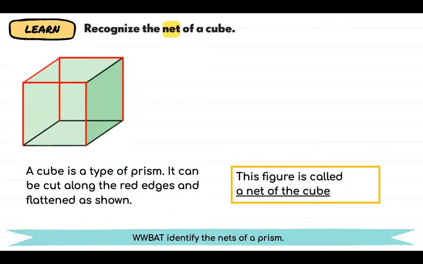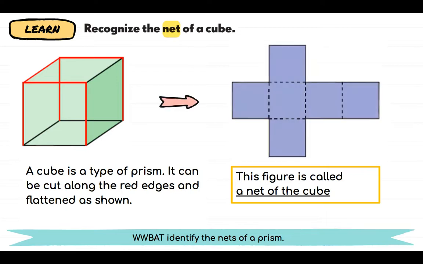Now if we cut along the red lines, the red edges, and then flatten it down, you can see a figure that looks like the purple figure on the right, and this figure is called a net of the cube. Notice that there's 4 in the middle, one to the left and one to the right, because when you fold all of them back, you will get a cube.